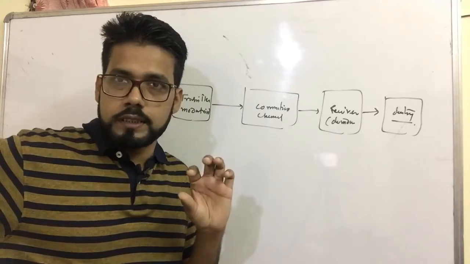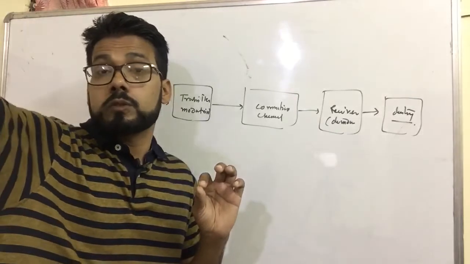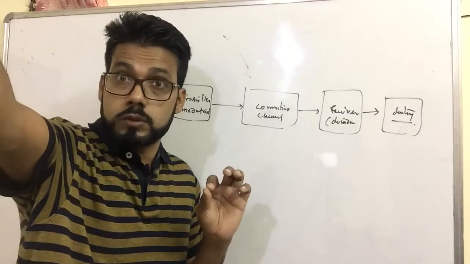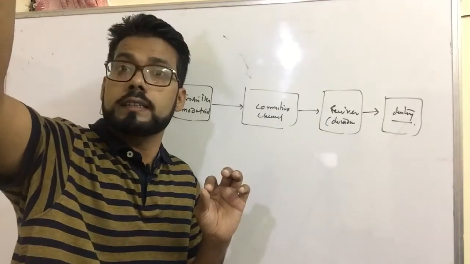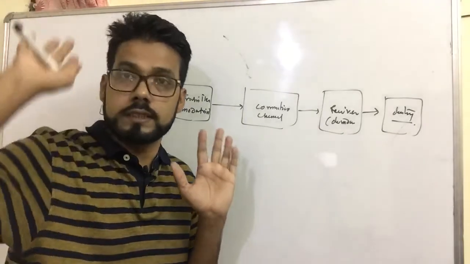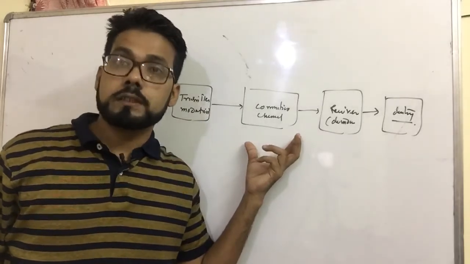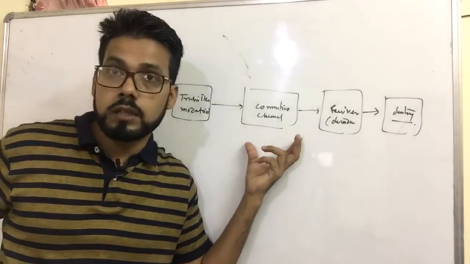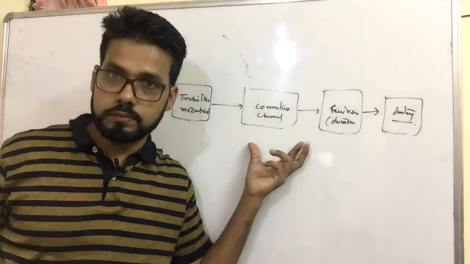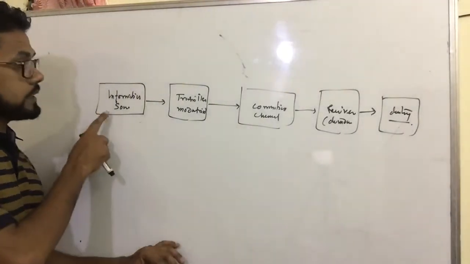Suppose this wire is connected with a fan, so when you switch on, the electrical signal comes from the source switch to the fan, which is the destiny. That through which the signal comes is known as a channel. Channel may be optical fiber, free space, coaxial cable, or copper wire. These are known as a channel or medium. Clear?